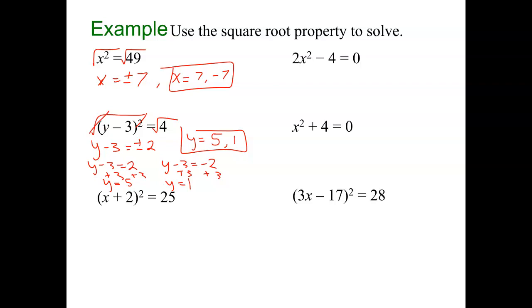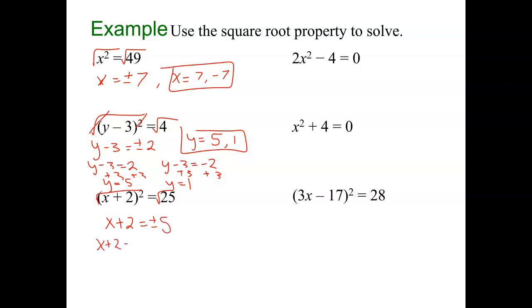Is the thing being squared isolated? Yes. So I can go straight into the square root property. Okay? So what am I going to end up with on the left? x plus 2. And on the right, plus and minus 5.